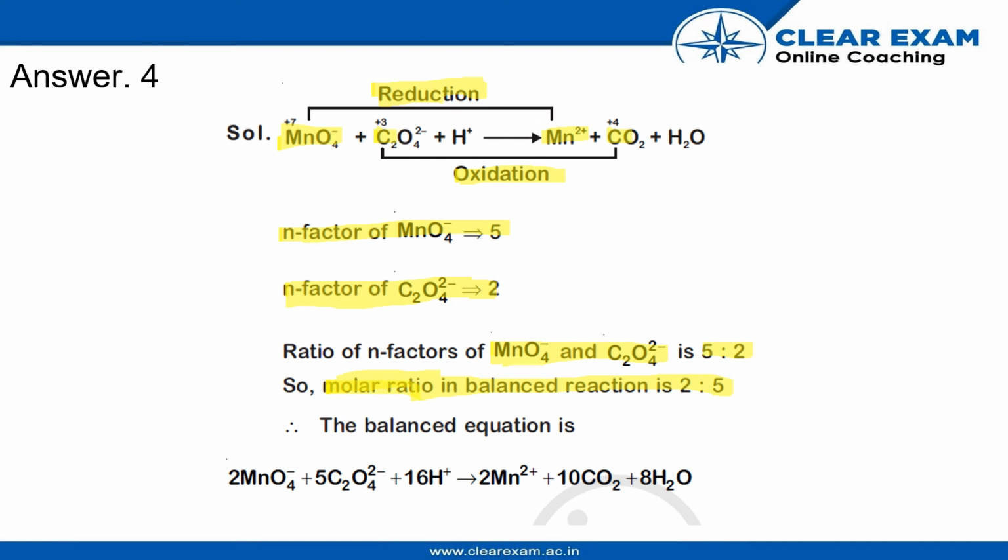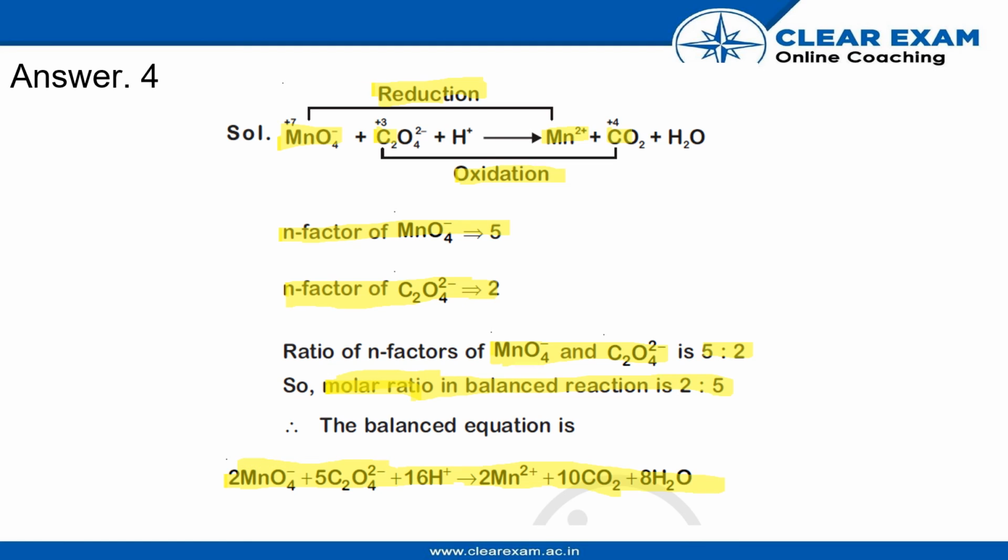So the balanced equation is 2 MnO4 minus plus 5 C2O4 2 minus plus 16 hydrogen ions gives 2 Mn2 plus, 10 CO2 and 8 H2O. So it is a completely balanced equation.